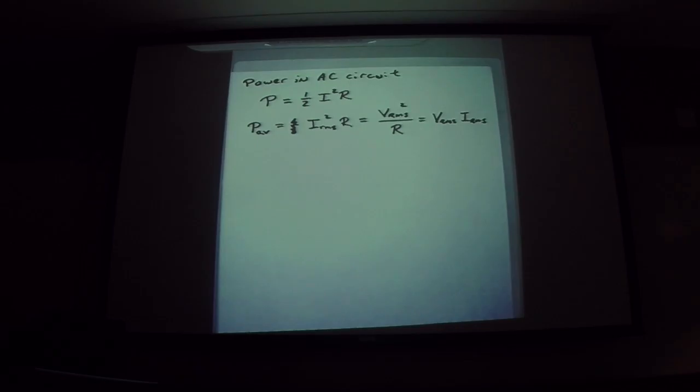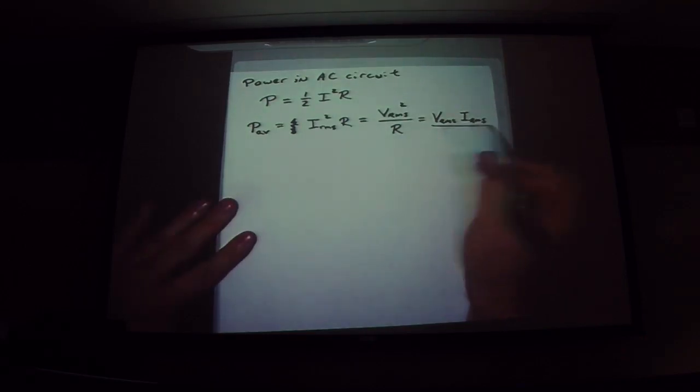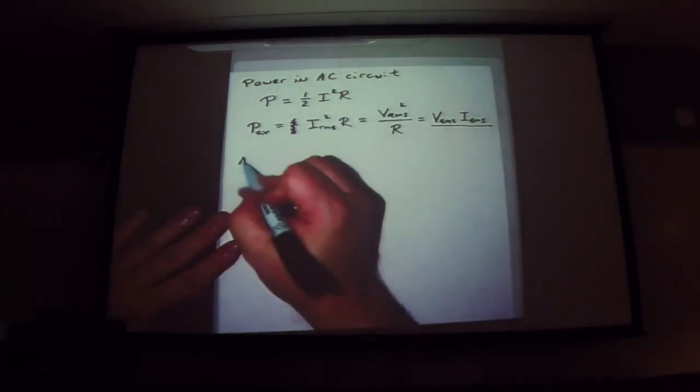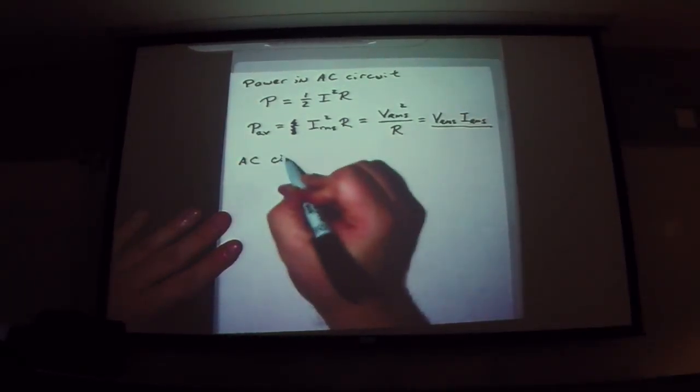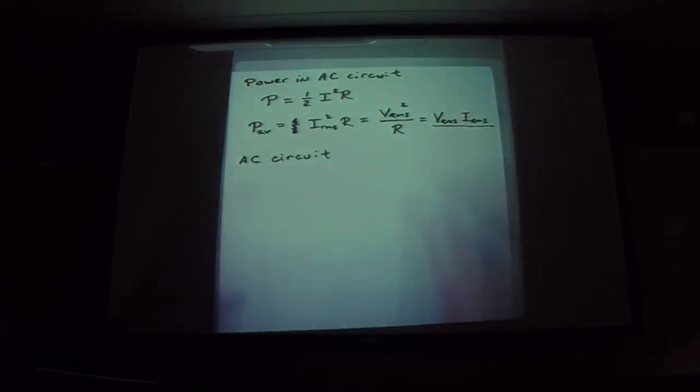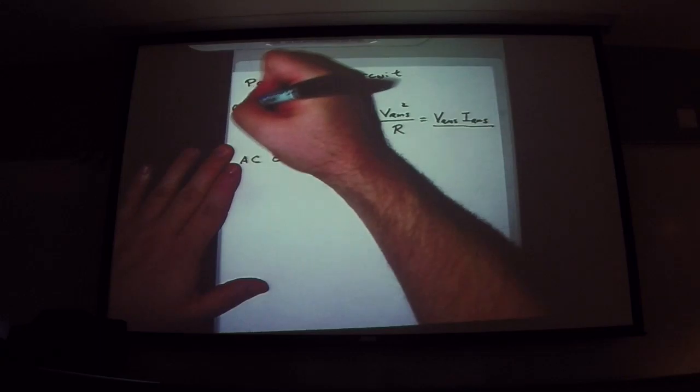They go through each one of these things, which I think is kind of silly. But what you want to do is put this in terms of what's going on in the circuit itself. When you have an AC circuit, these are for pure resistors.